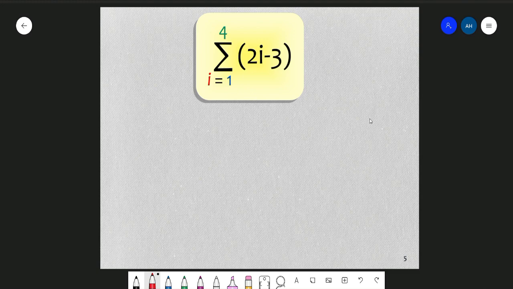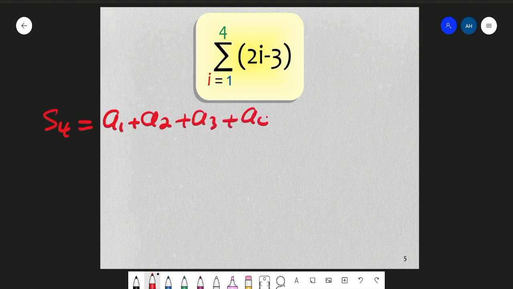So what we are asked to find here is S4, because the upper limit is 4, meaning we have to add A1 plus A2 plus A3, and the last one is A4. Now we have to find each one of these values.